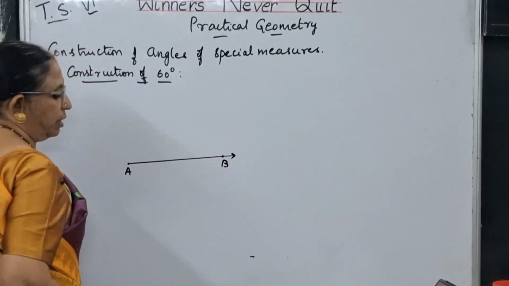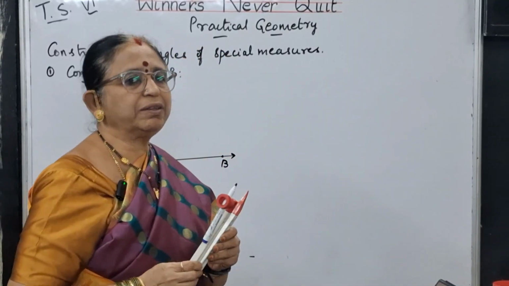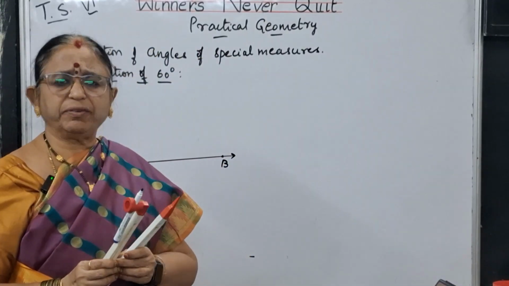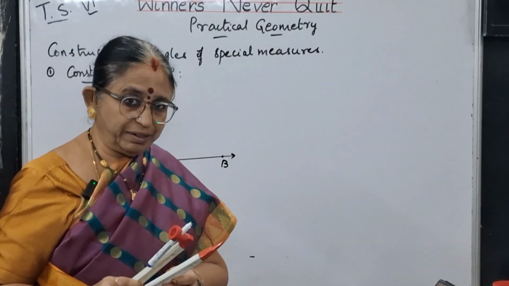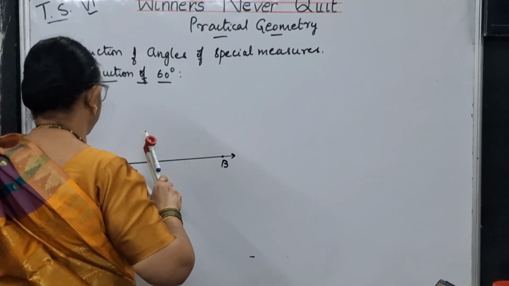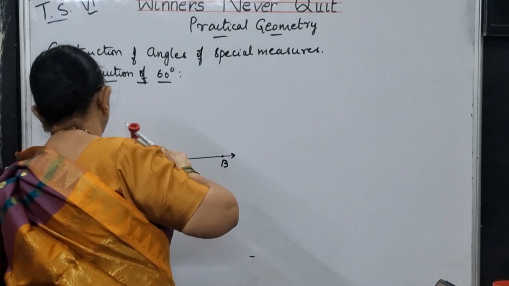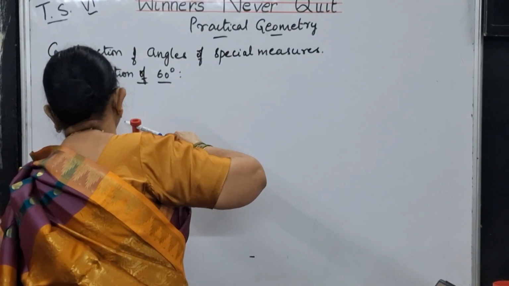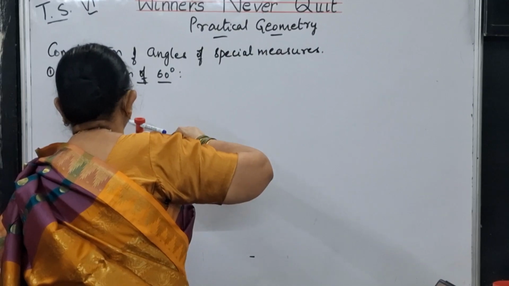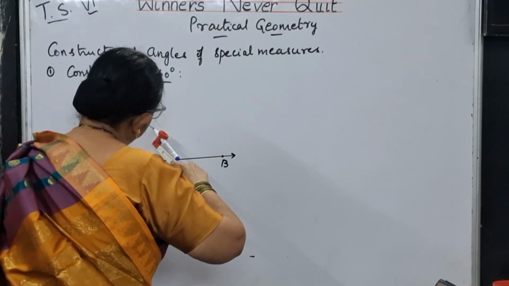With some convenient radius, there is no measure required, with A as a center, you have to draw an arc in this way.